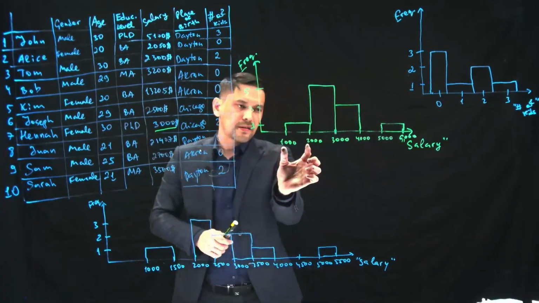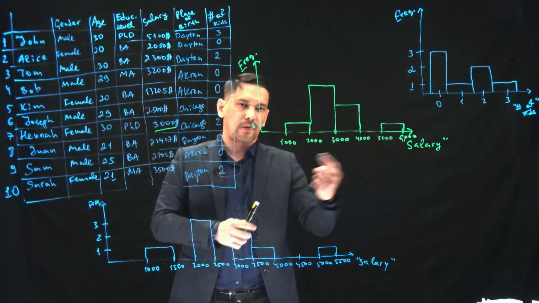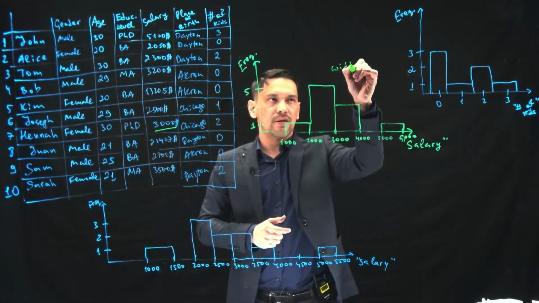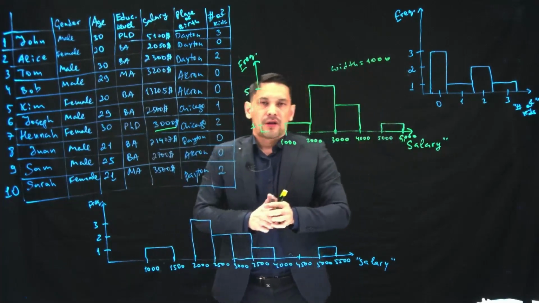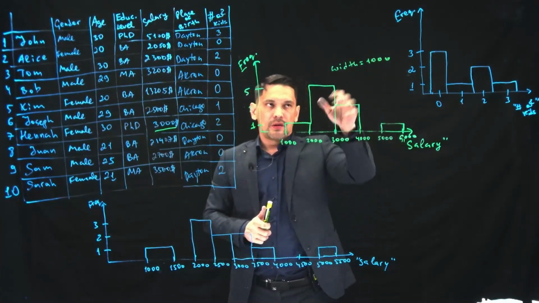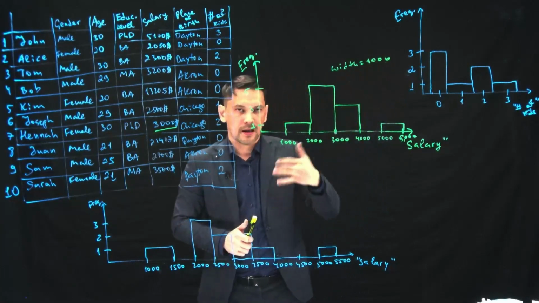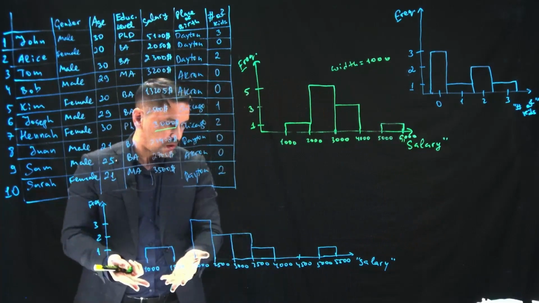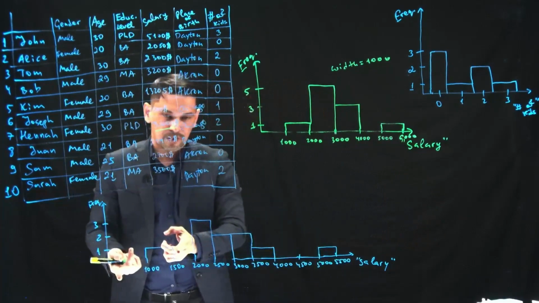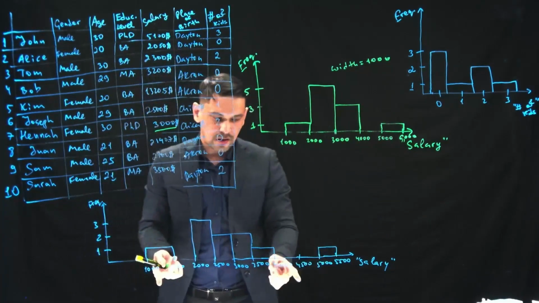Now, as you can see, the width of each interval here is equal to 1,000, right? You can actually change the size of the interval, but in that case, your histogram is going to have a different shape. Here's an example. This histogram is showing the same variable, but it has a different look.